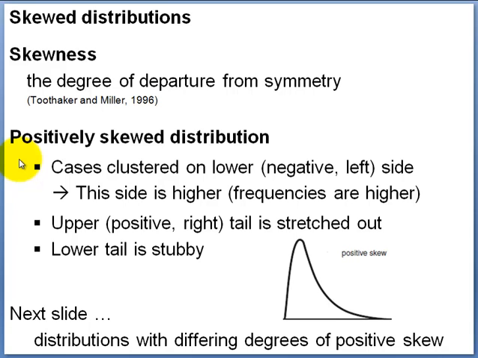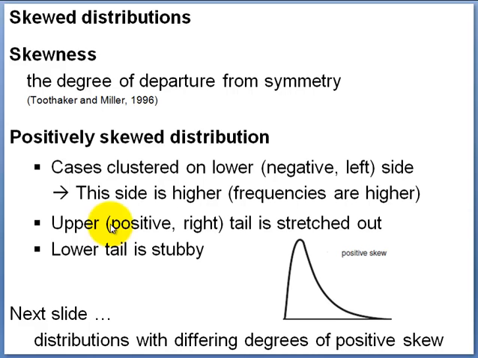Let's first discuss positively skewed distributions. In a positively skewed distribution, cases are clustered on the lower, which is to say the negative or left side, because that's where most of the cases are. The curve is highest on the lower or left side, and that's demonstrated here by these high values.